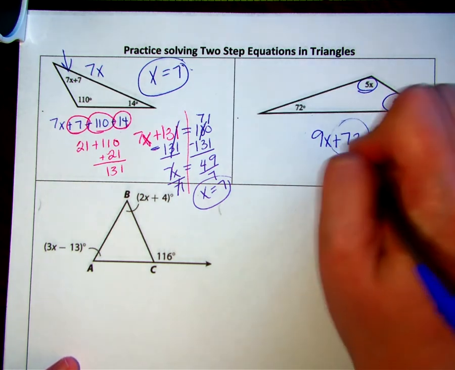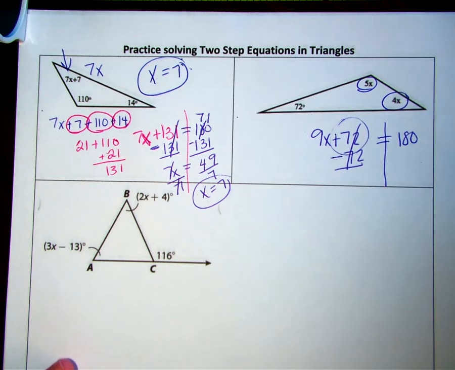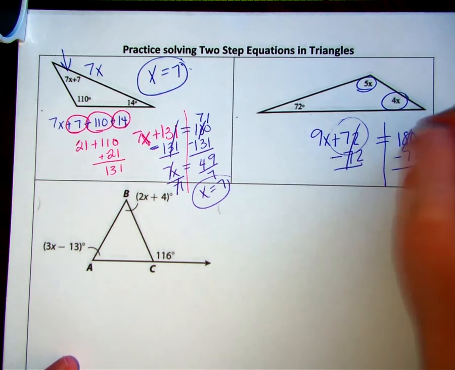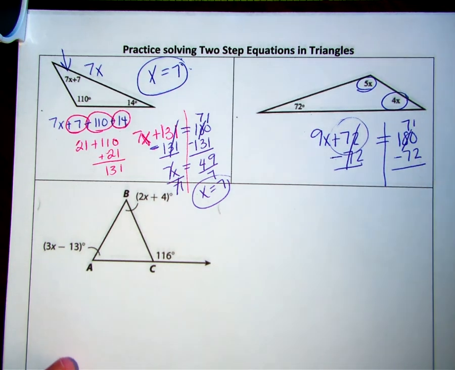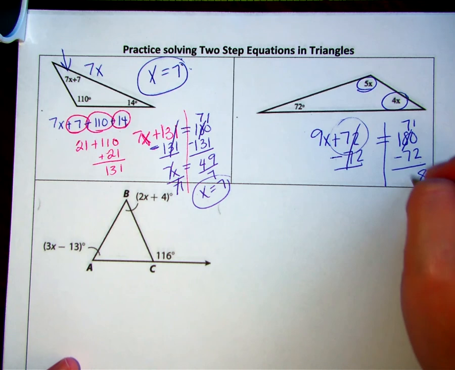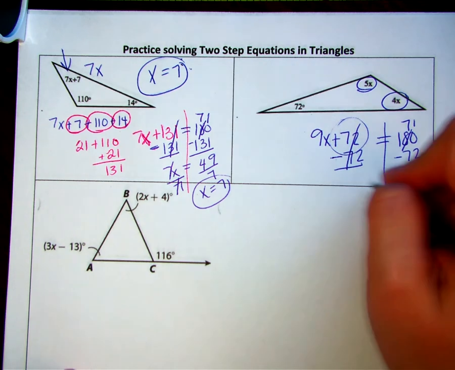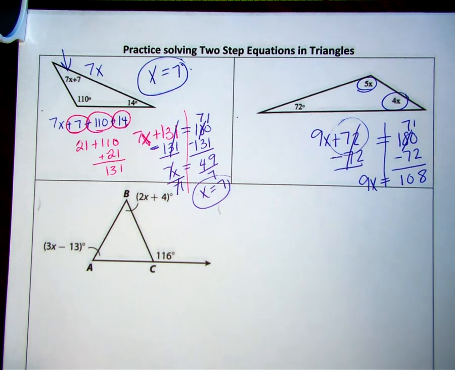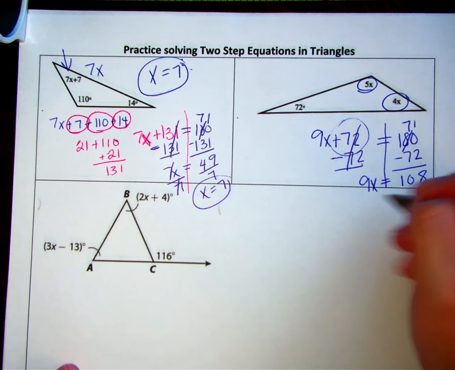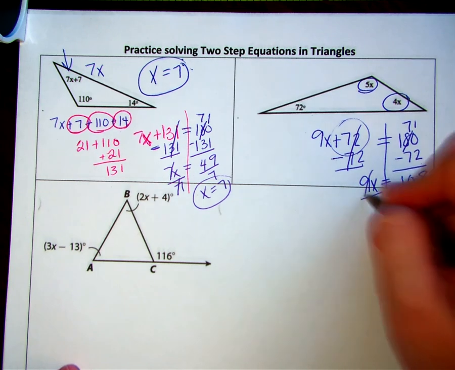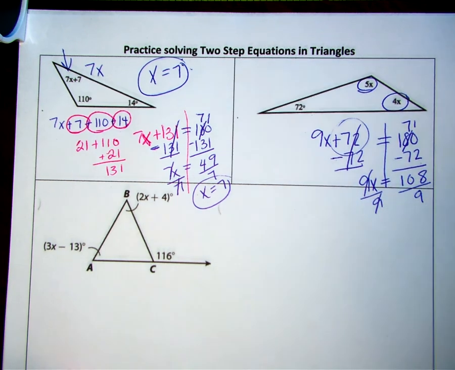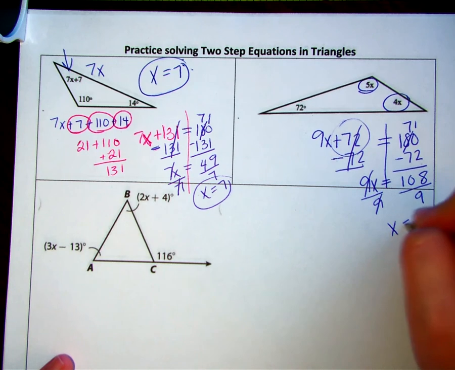So do the opposite, subtract it from itself. Minus 72 from 180. So 10 minus 2 is 8, and 0 and 1, and 9 times something is equal to 108. So you would divide to isolate the x, and x is equal to 12.